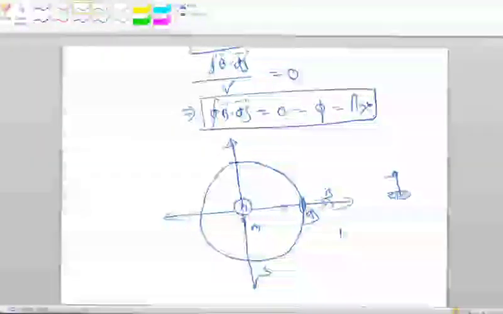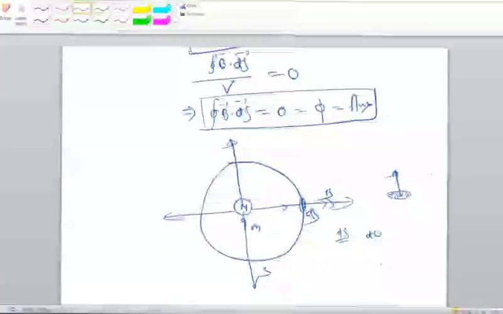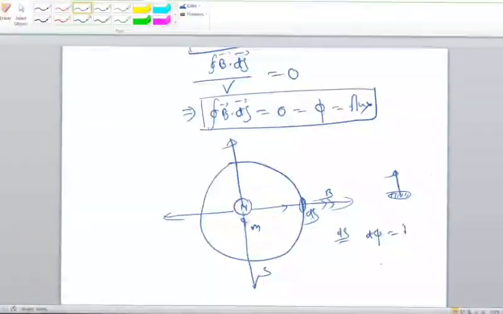So from this ds surface, the flux will be d phi, that is B dot ds. But we need the total flux. For total flux we have to integrate over that surface S. So phi will be closed integration d phi, that is closed integration B dot ds.